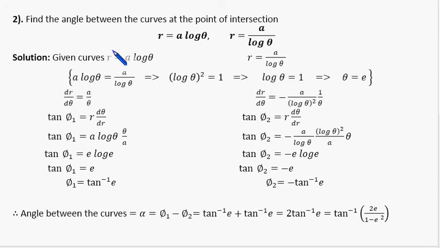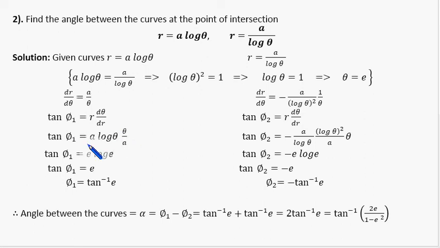From the first curve r is equal to a log theta, we differentiate with respect to theta, that is dr by d theta is equal to a by theta. We know that tan phi1 is equal to r into d theta by dr. The value of r is a log theta, and the reciprocal of dr by d theta is theta by a.